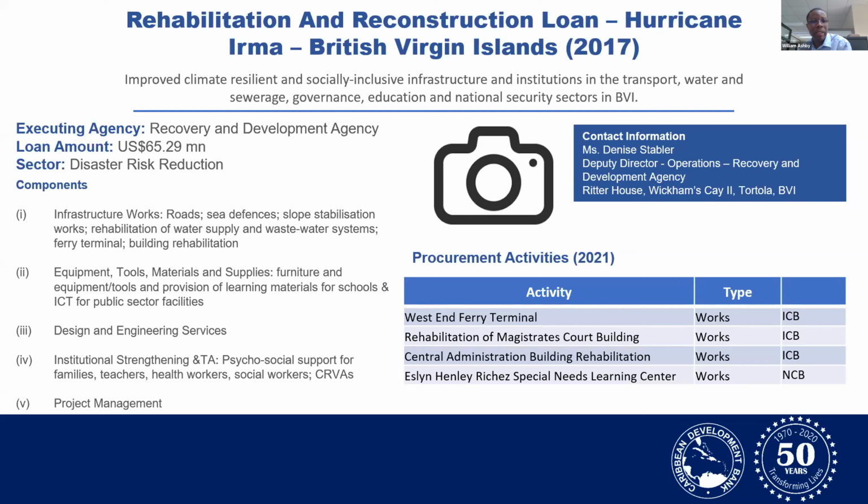But this project has been under active implementation, and so these are opportunities that are quite likely to arise this year: the reconstruction really of a ferry terminal, the West End Ferry Terminal, rehabilitation of the Magistrates Court building, and rehabilitation of the government's central administration building.